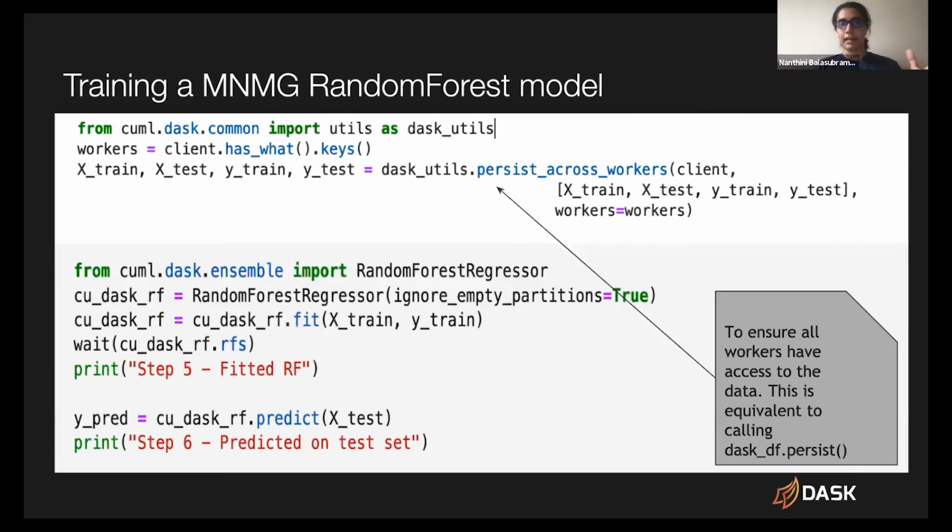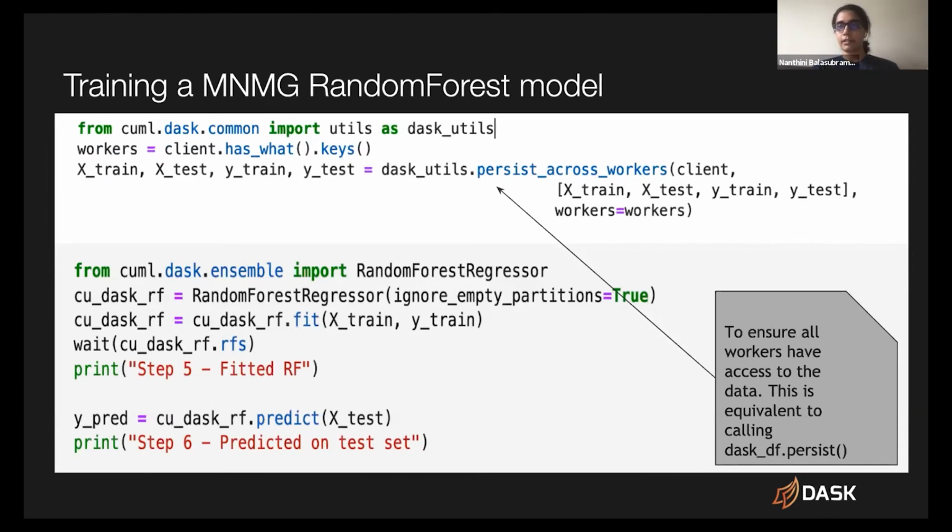Going into the actual random forest model, this again should be very similar to a CPU-based workflow, where you've seen a random forest model being defined, then training it on something and then predicting on the test set. The only thing that might be interesting is the persist across workers, which is coming from the cuML library.